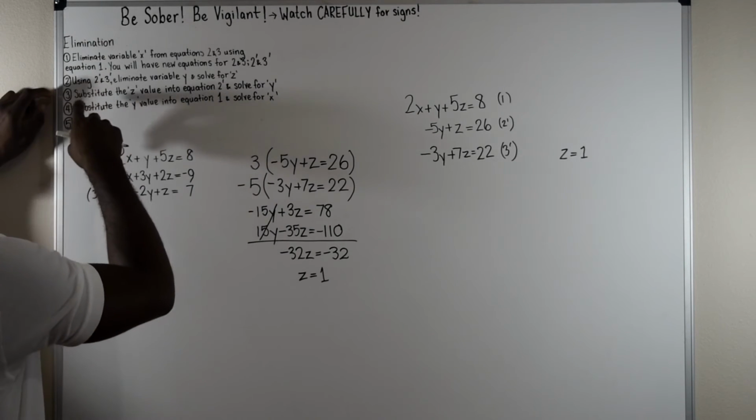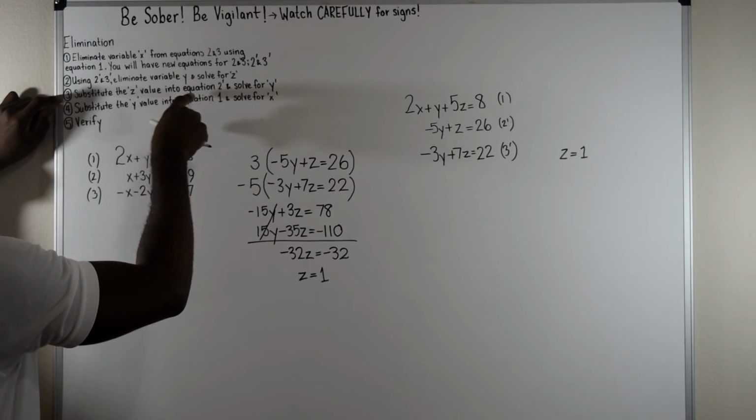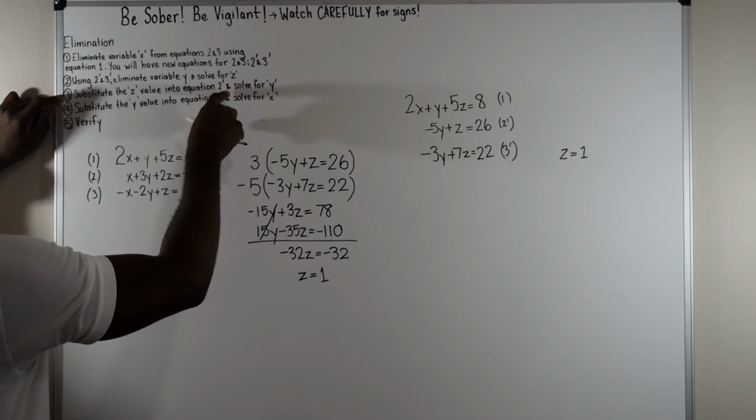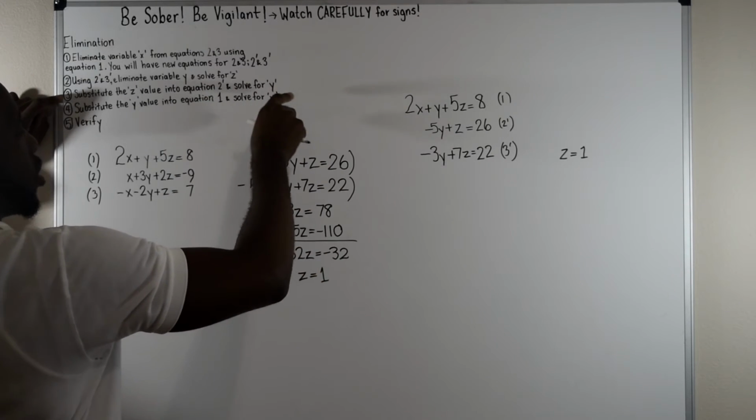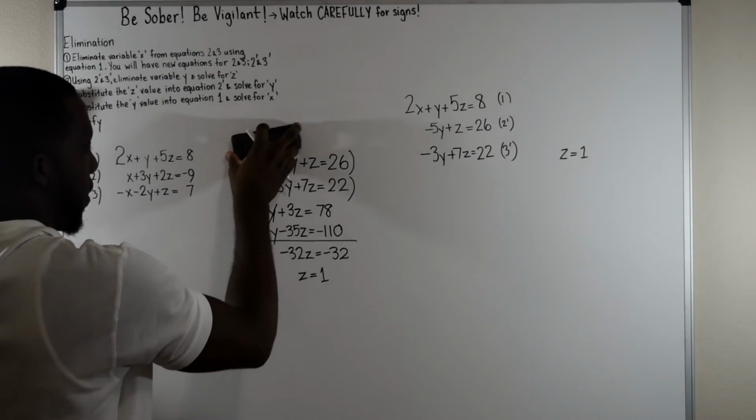All right. So substitute the z value into equation 2 prime. This is 2 prime and solve for y. Okay.